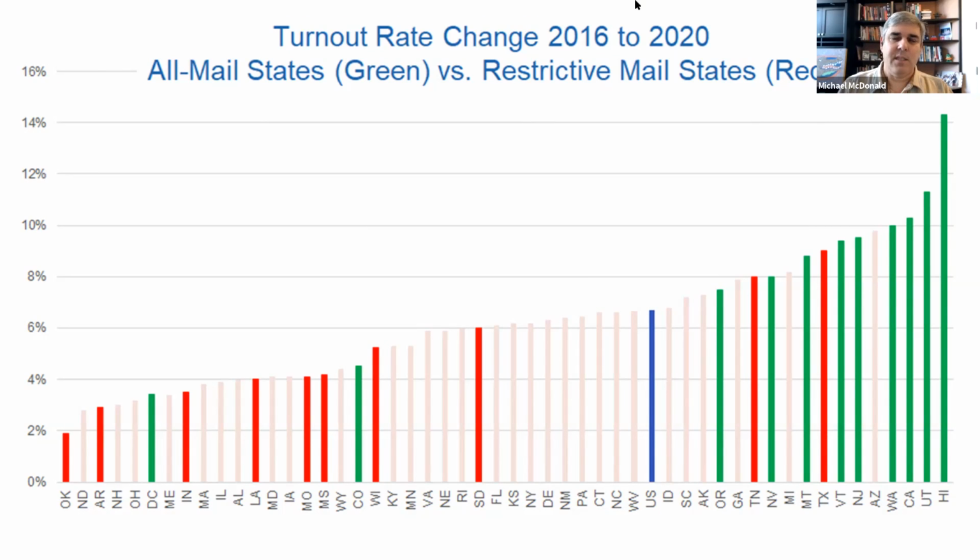And again, you're seeing these green states here are those that had all mail ballot elections. The red states are those that had some sort of restriction in the way in which they were delivering mail ballots. And you can generally see that those states that had all mail ballot elections had higher turnout, and those that were more restrictive had lower turnout.